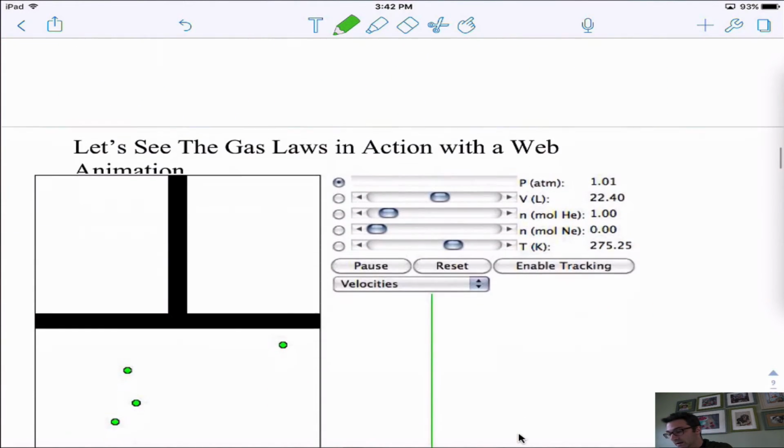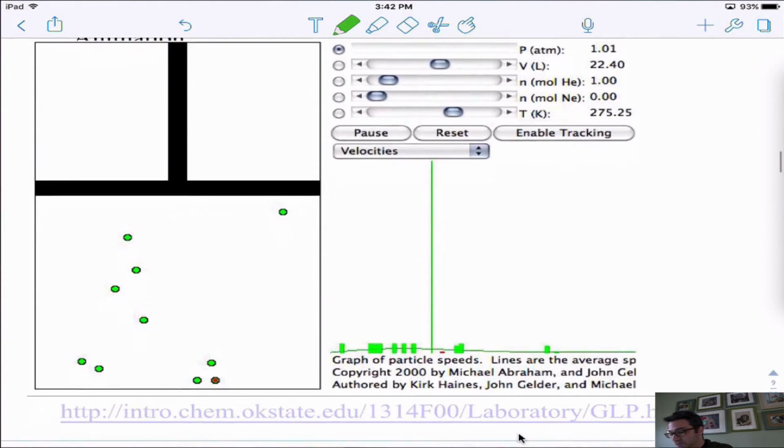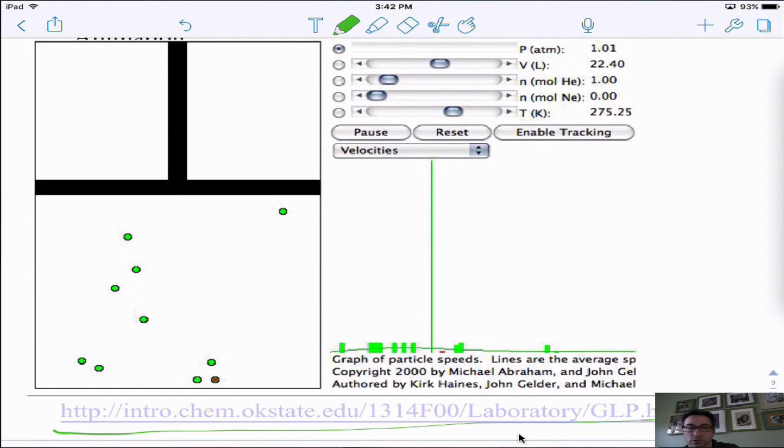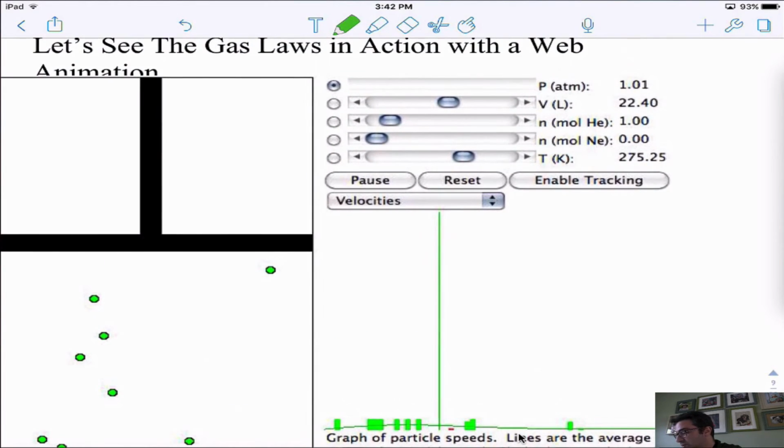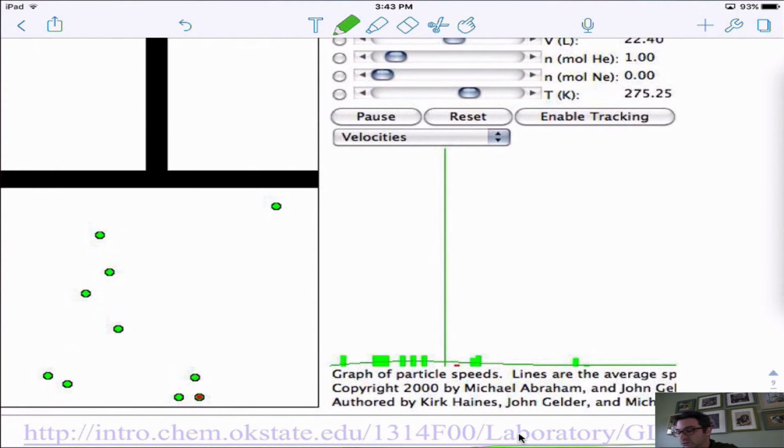Okay, here's an animation. It's worthwhile to take this URL and type it into your computer and look at it. You need Java in order to get this to work. But if you have Java, you can get this to actually work, and then you could see the animation by changing all of the conditions, pressure, volume, moles, temperature. You can see how the gas will behave differently. What's cool about this one is they have one gas particle that's colored red.